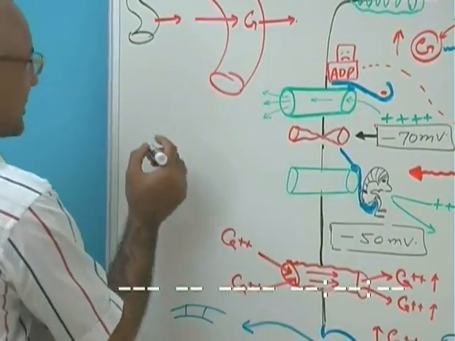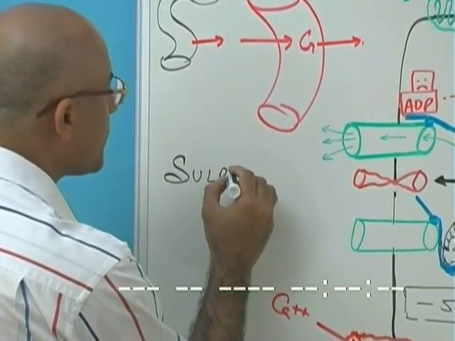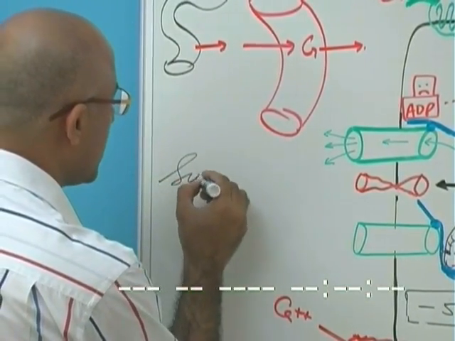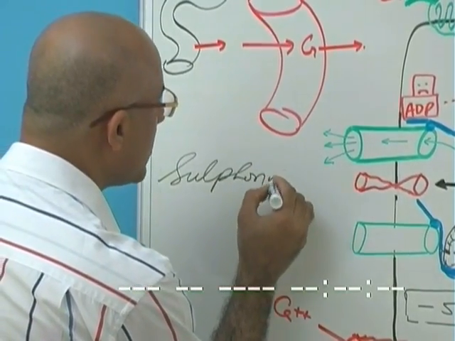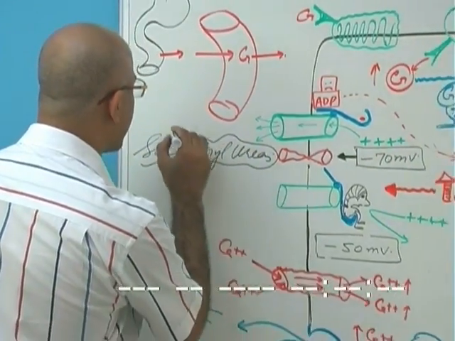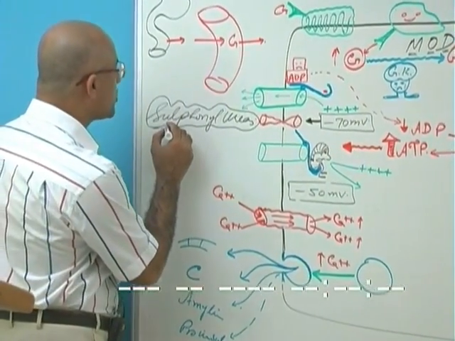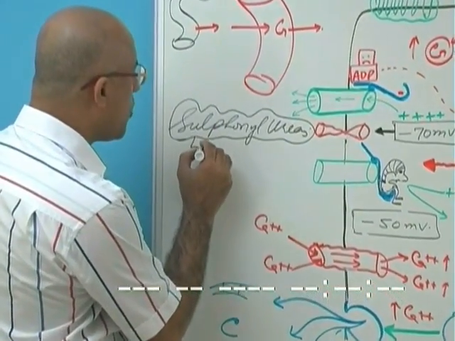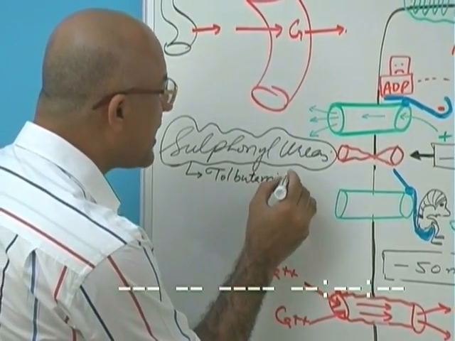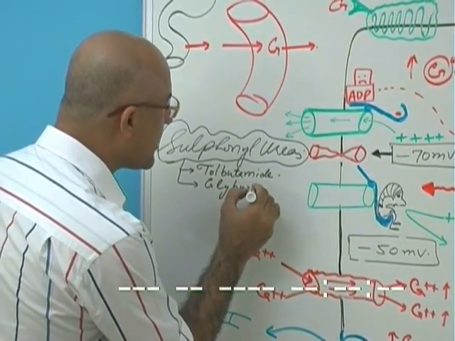One group of drug is sulfonylureas. These are oral hypoglycemic agents which are used in type 2 diabetes. I will mention two drugs out of this: one is tolbutamide, and the other is glyburide. But there are many others also.